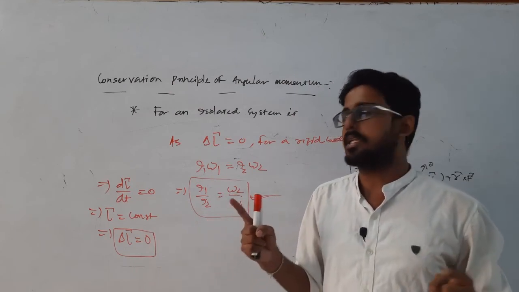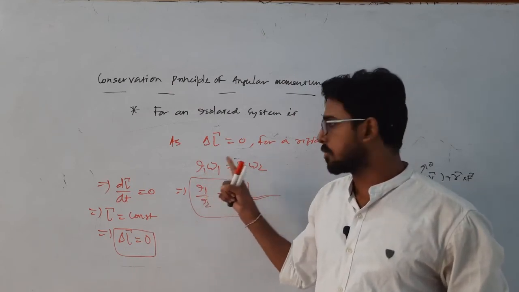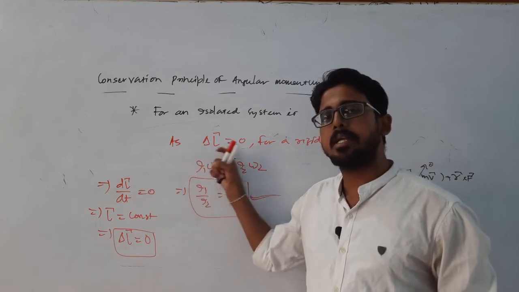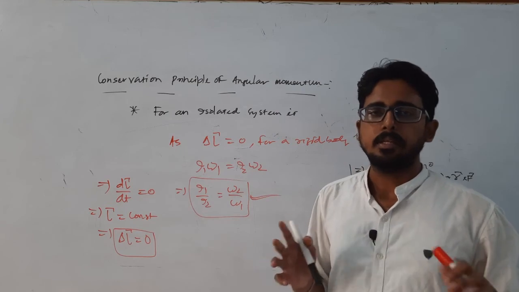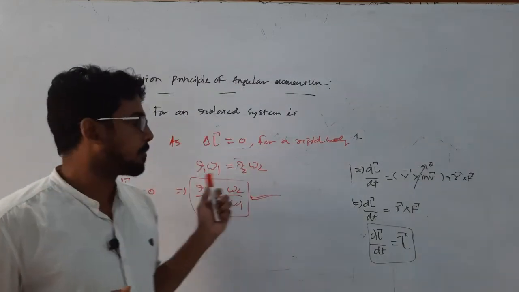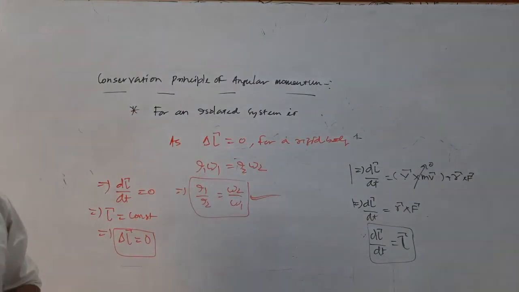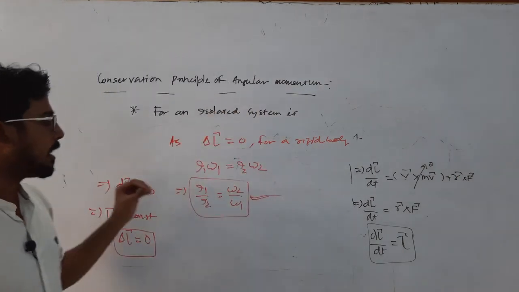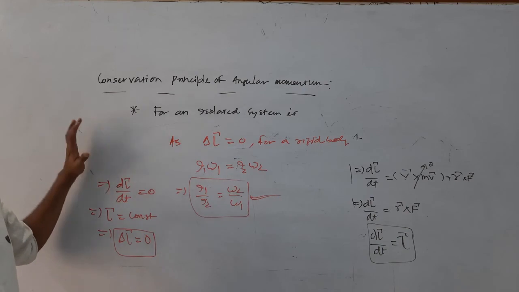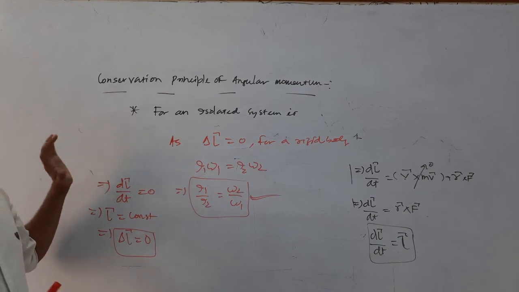If mass distribution increases, the moment of inertia increases, so the angular velocity decreases to maintain constant angular momentum, and they can land safely. Clear? So these are some examples of the conservation principle of angular momentum. You can get some more examples from different books. Okay, so this is how angular momentum is conserved for an isolated system.